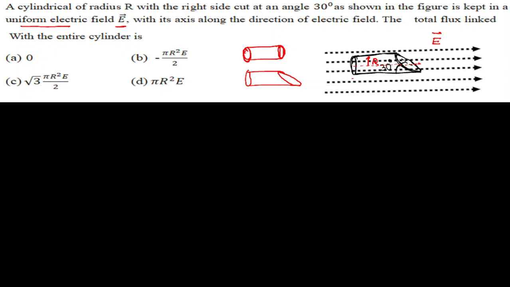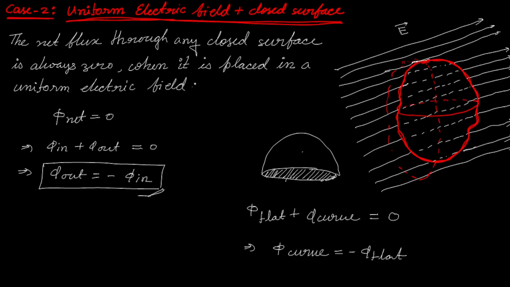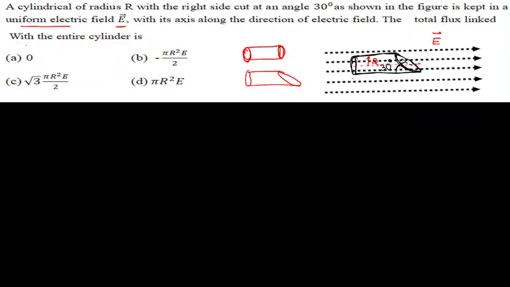According to the second situation, if we place any closed surface in a uniform electric field, the total flux will always be zero. So in this case, the net flux through the cylinder will be zero. So what will be the correct answer? The correct answer will be option A.